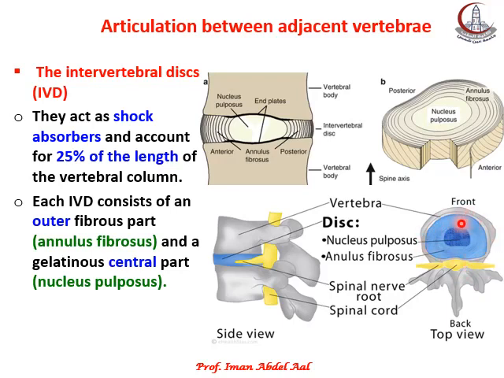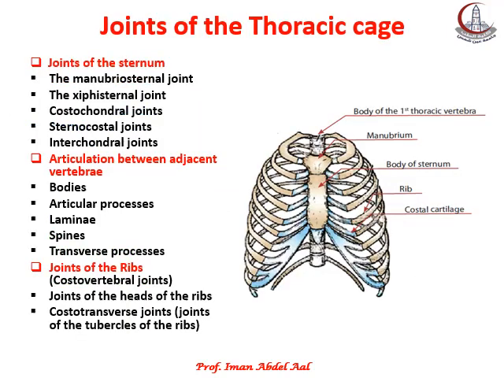It's formed from an outside part called annulus fibrosus and an inner soft gelatinous part called nucleus pulposus. And as we said, the intervertebral disc accounts for 25% of the length of the vertebral column. By this we finished the joints between the adjacent vertebrae.